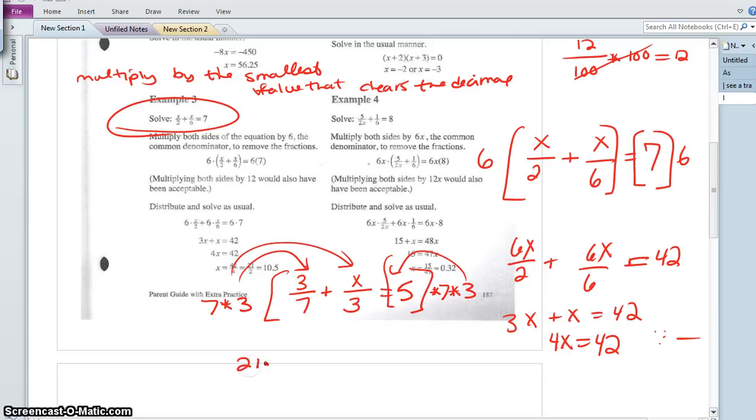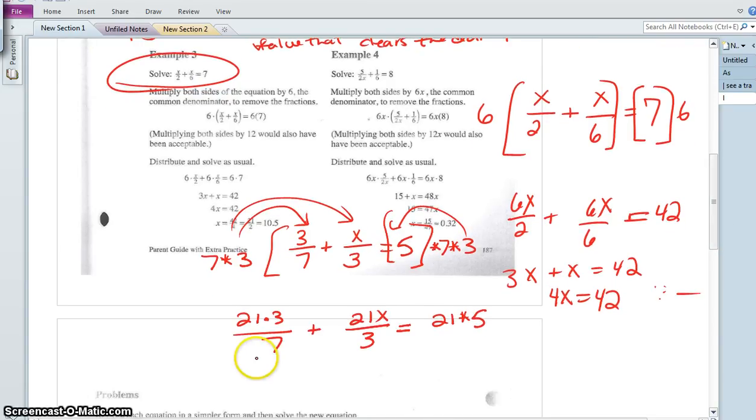So 21 times 3 over 7 plus 21x over 3 equals 21 times 5. 21 divided by 7 is 3, so I have 9 in the first term plus 7x equals 105. Easier equation to solve.